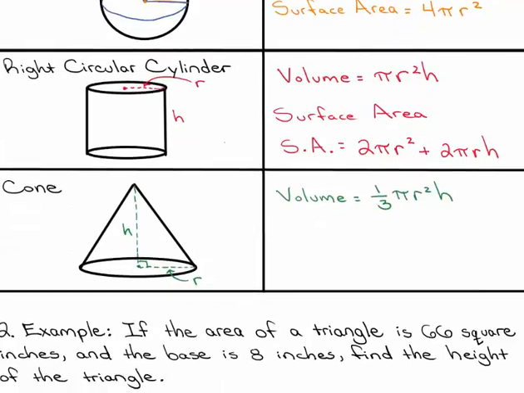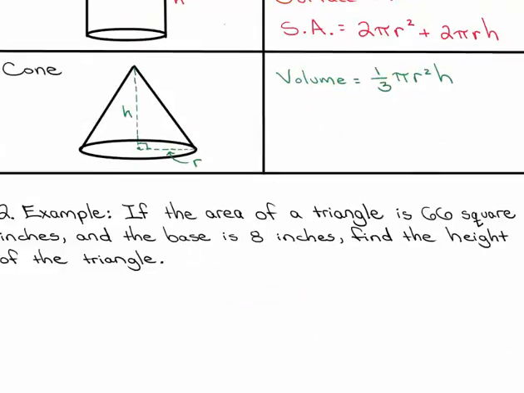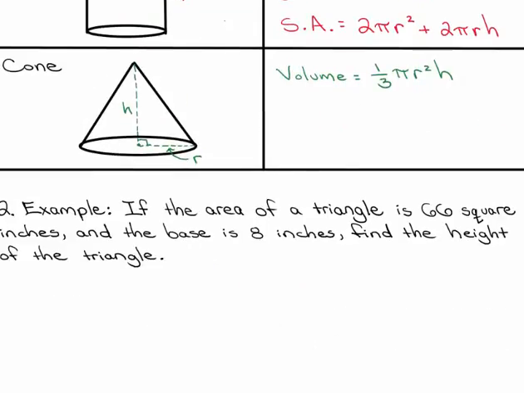Let's go ahead and do an example here. Example: if the area of a triangle is 66 square inches and the base is 8 inches, find the height of the triangle. All right, so they're asking us to find the height of a triangle.